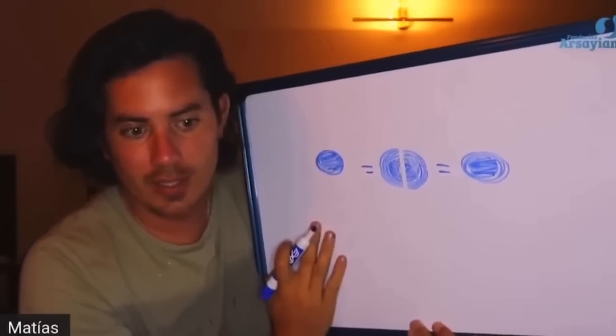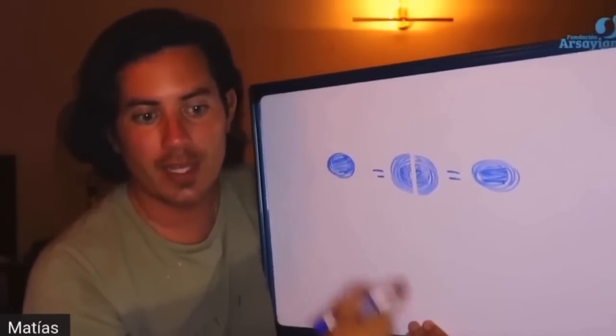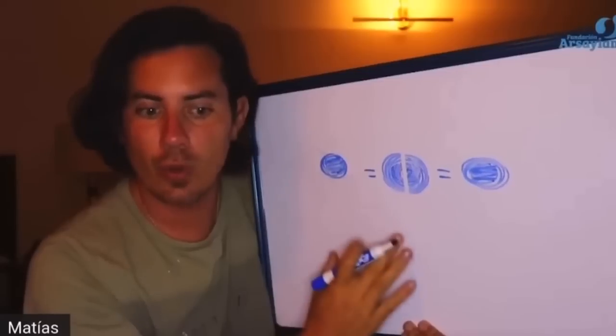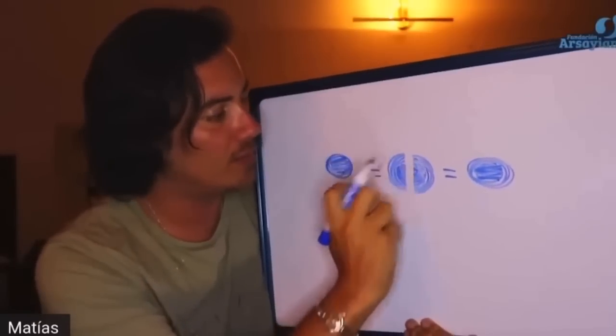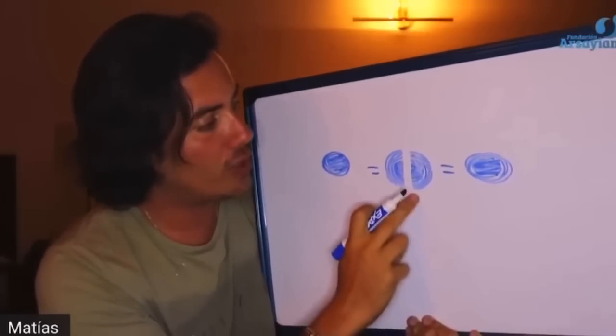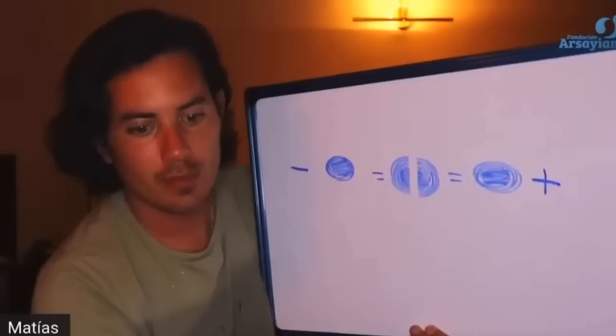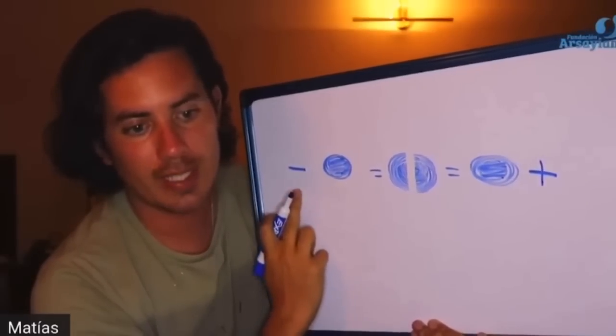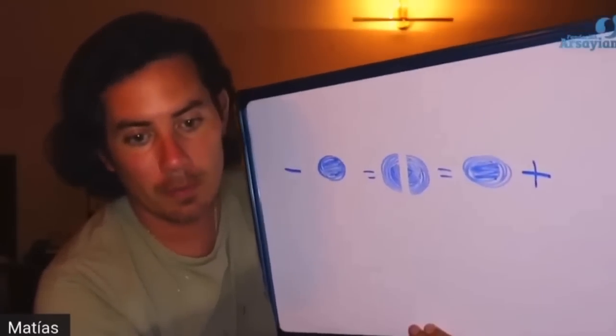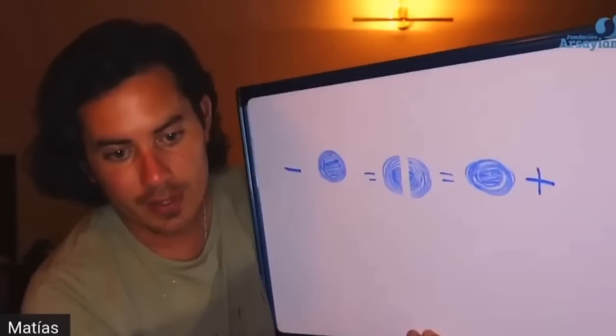To understand where it comes from, remember that in the universe there was only one thing that decided to divide by two, giving origin to two different things. So this one will be called negative, and this one here will be called positive. And what is going to happen with these ones?